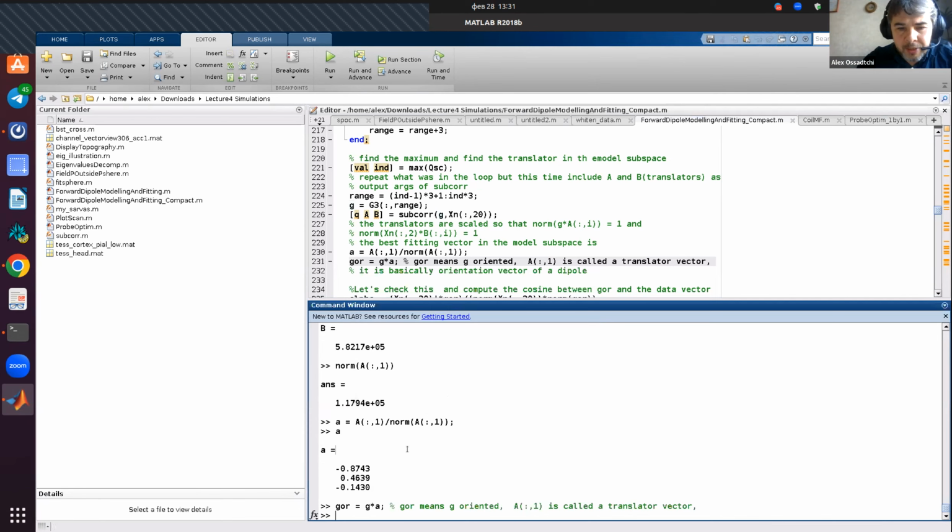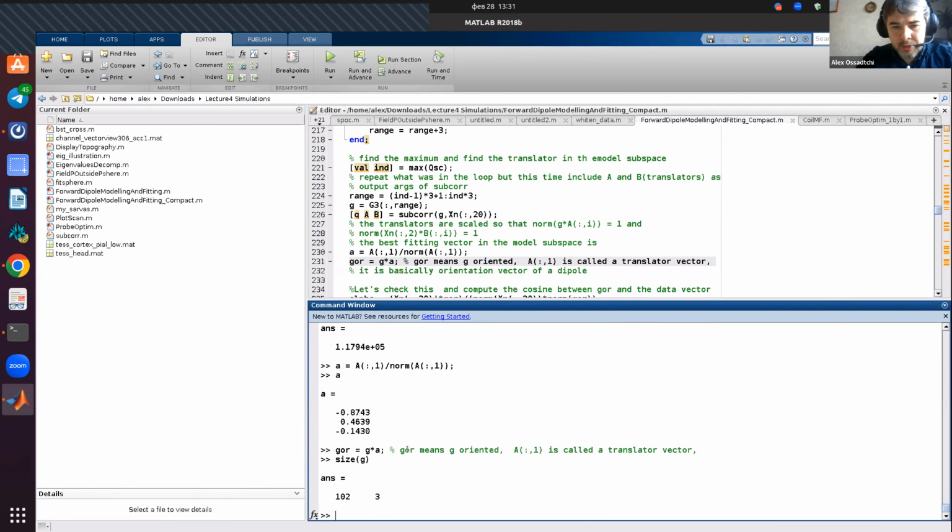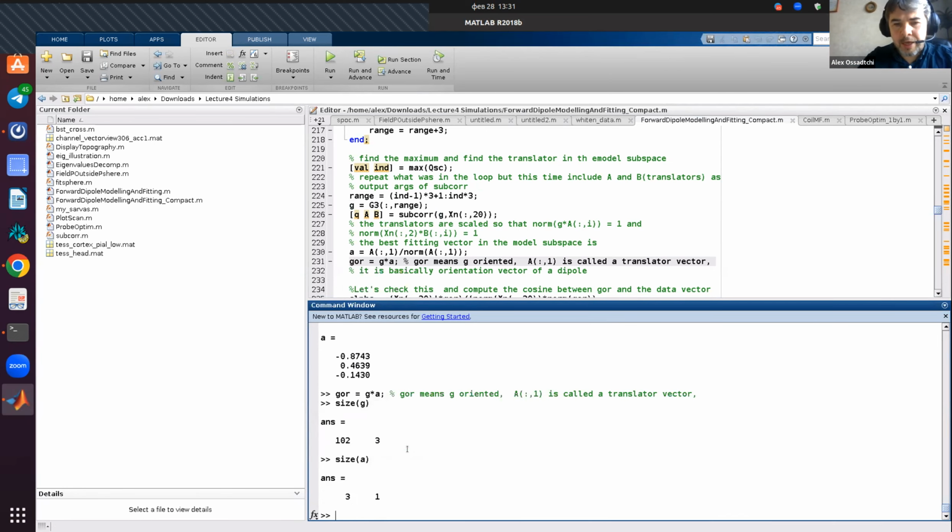You multiply G, which is of size... hold on. Size G3, right? You multiply with A. Okay, you get a 102 by 1 vector, which is the topography of your oriented source with the proper orientation, which matches the data well.